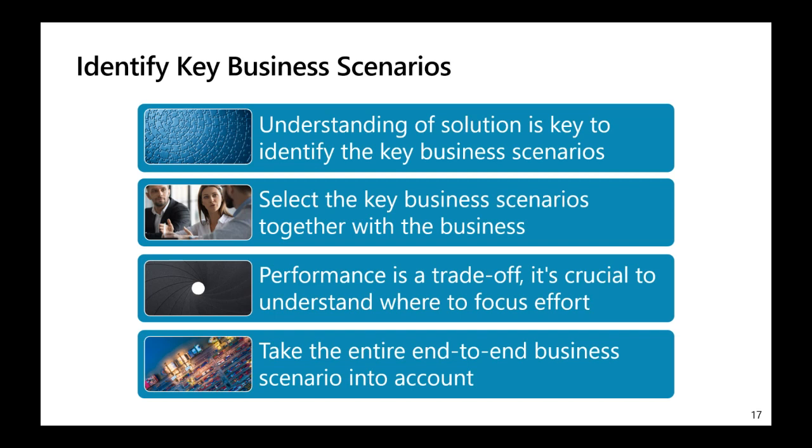Spend time with users as a project team to understand the activities for which performance plays a critical role. Agree on these areas with project stakeholders and then focus performance-related work on these activities to maximize the value of the efforts. And remember that performance is a trade-off, so it's absolutely crucial to understand where to focus the efforts.